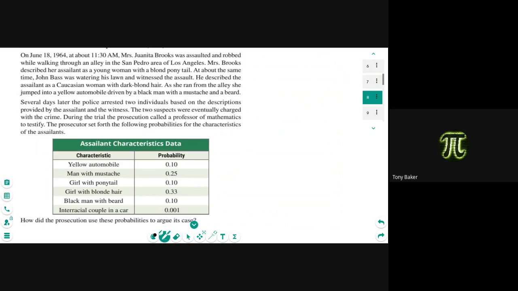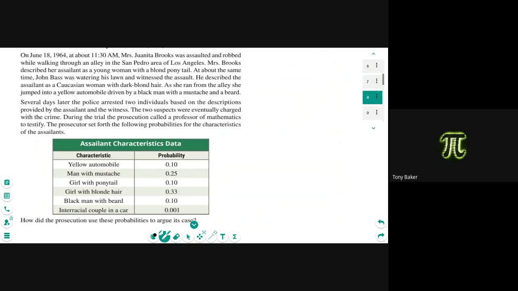Are all these events independent? Well, you'd either have a yellow automobile or not a yellow automobile, right?